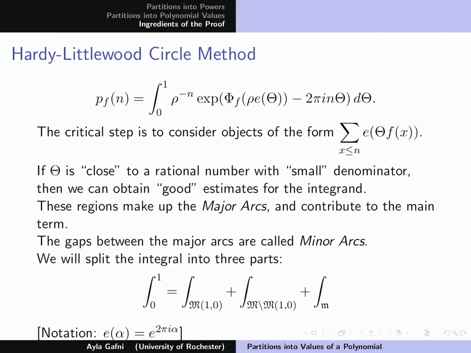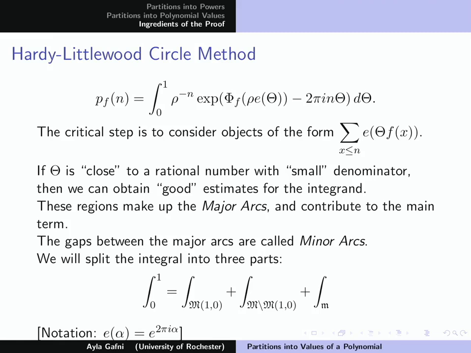But in this case, actually, the contribution from the major arc at the origin is much, much larger than any of the other major arcs. So my main term comes only from this major arc at the origin.